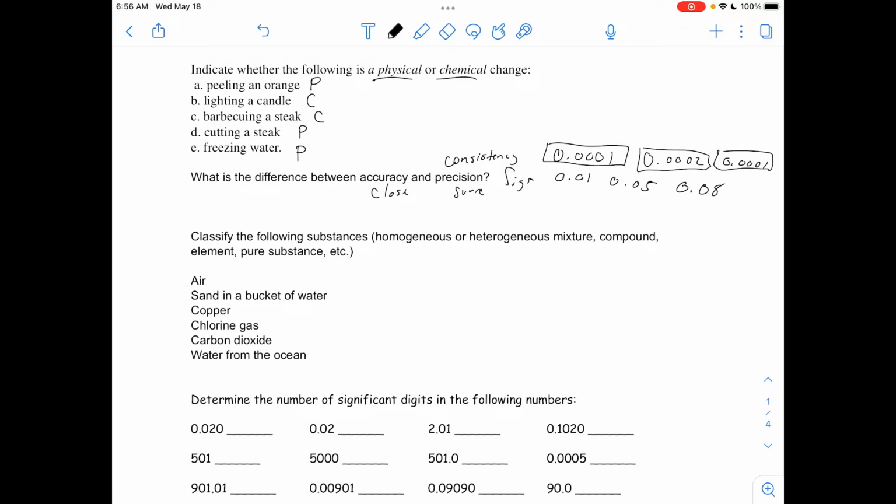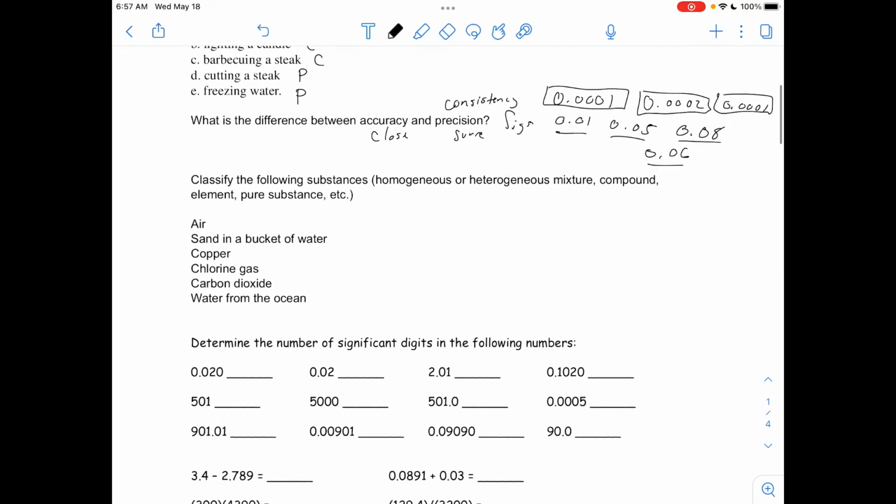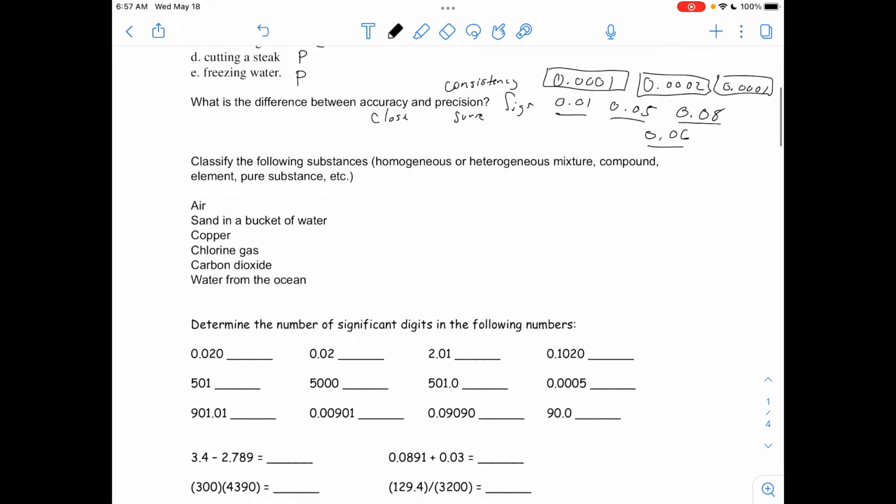And then of course accuracy, let's say that the actual answer was 0.06. These answers would actually be much more accurate because they're closer to the actual value. So that's the difference between accuracy and precision. We want both in chemistry and in science in general.